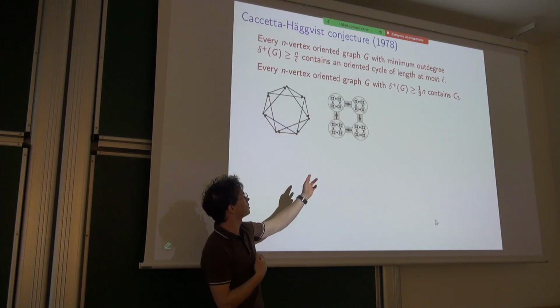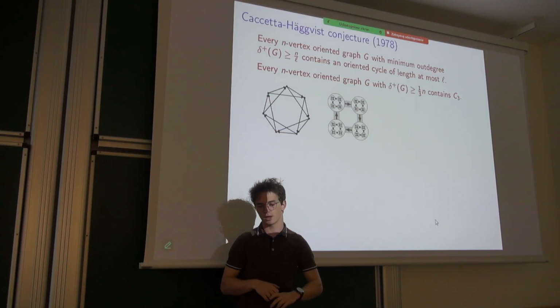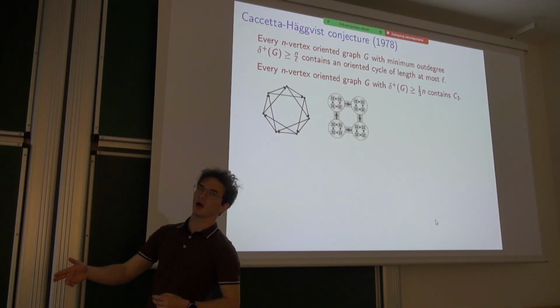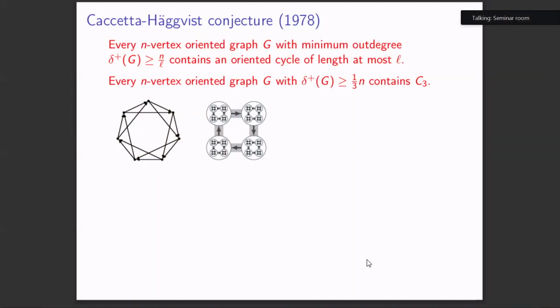Essentially, we can compute the outdegree as n by 4 for the regular blow-up of C4, plus n by 16 for the inner blow-up, plus n by 64, and so on. This approaches n by 3. It never gets exactly there, but in the limit it is n by 3, and does not contain C3.